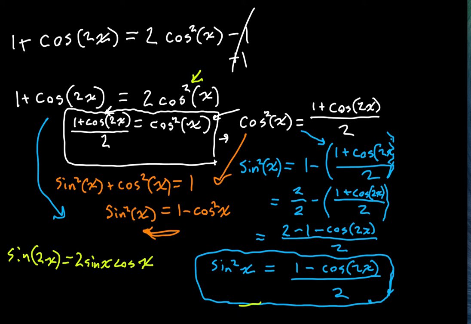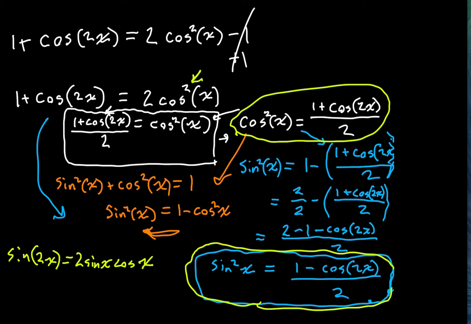So here we have effectively, let me circle the two important things. We've derived these two formulas, both from the cosine of 2x formula that we derived earlier, right?